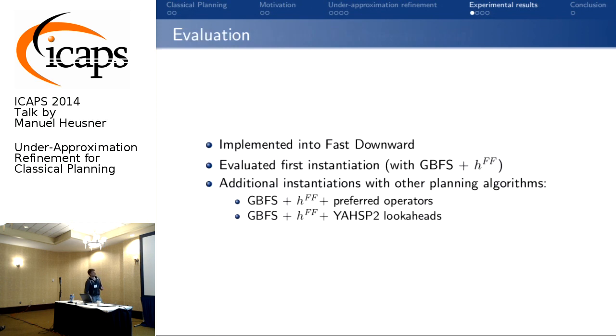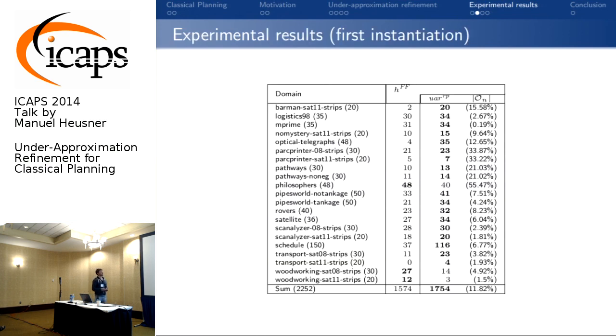Yes, and in the evaluation, we compare the planning algorithm with the same algorithm run on under-approximations. So in this table, we see here in brackets the amount of available operators in the last under-approximation.